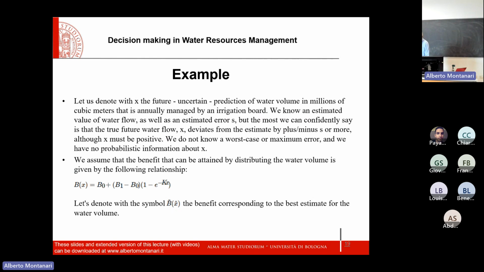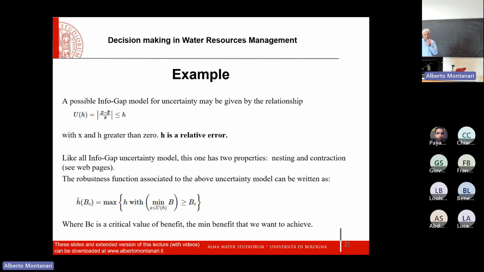As I said, we have uncertainty, and then let's quantify the uncertainty. We introduced uncertainty with an error term, S. You see at the denominator here, an error term. I said X plus minus S. So let's quantify uncertainty in a relative manner, by taking the difference between a generic prediction X minus what I identified as the best estimate.